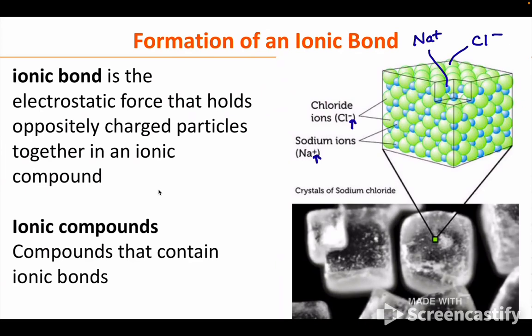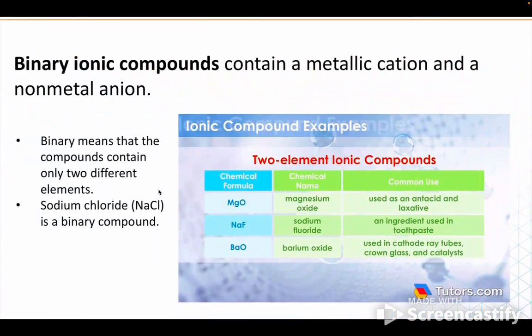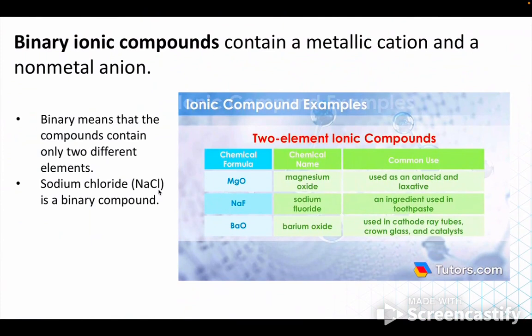Not all compounds are in a 1-to-1 ratio. For example, if you had magnesium chloride, you would have a crystal lattice, and there would be twice as many of the chloride green as the magnesium, the blues. So binary ionic compounds are when you have 2 different elements.